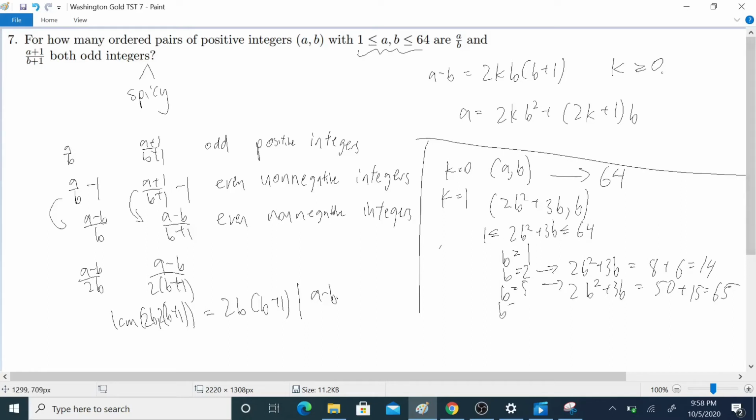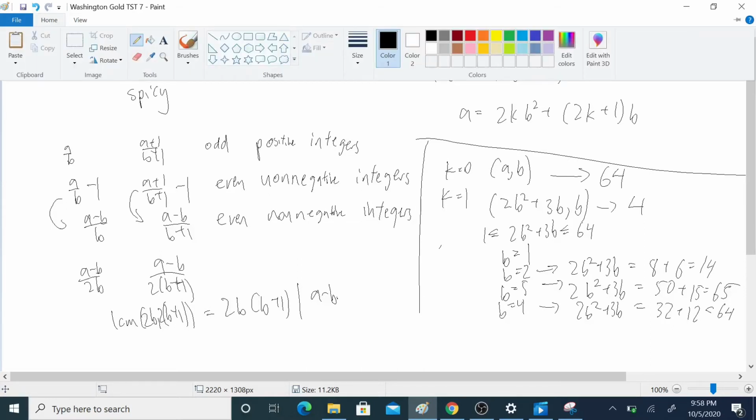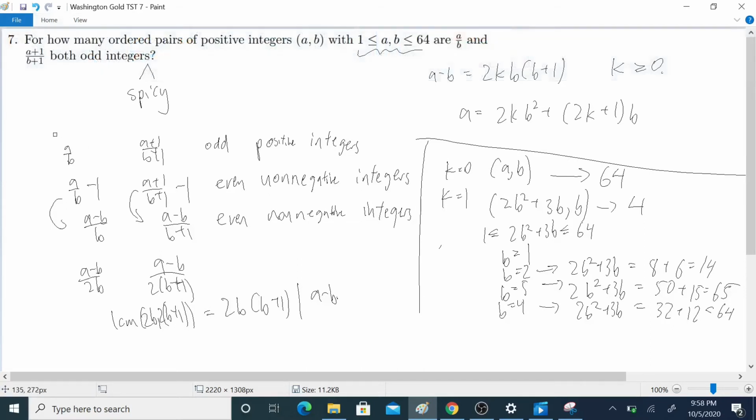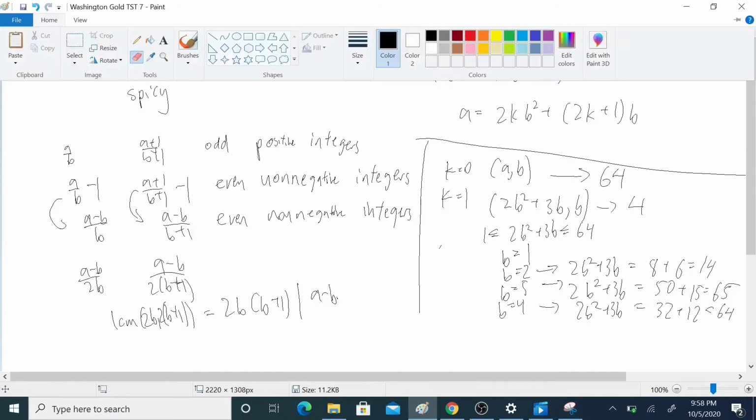So we try b equals 4. 2b squared plus 3b equals 32 plus 12, which is less than 64. So for k equals 1, we have 4 solutions because we can plug in b equals 1, 2, 3, or 4.